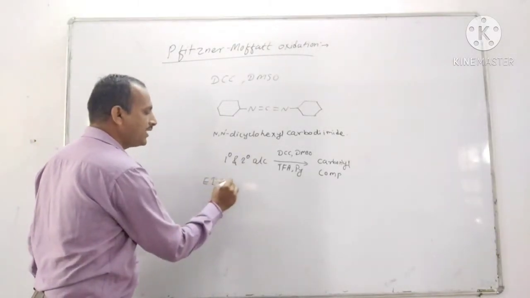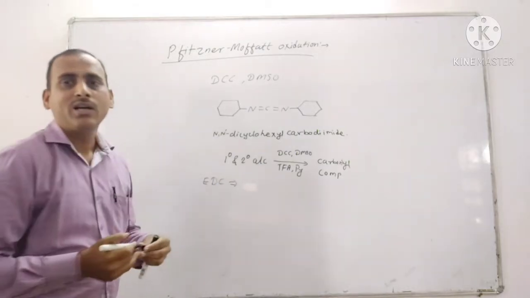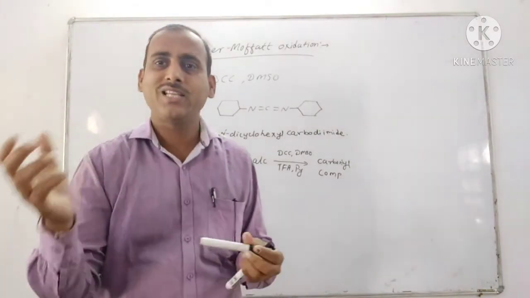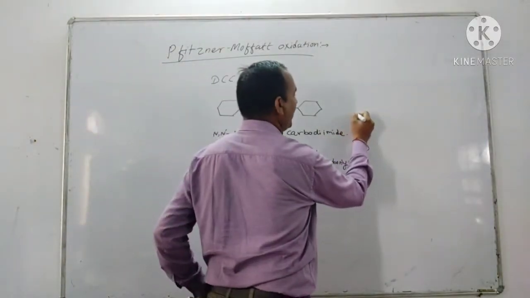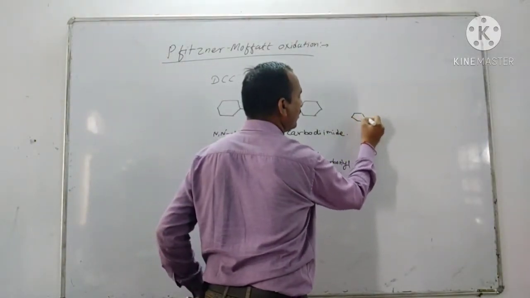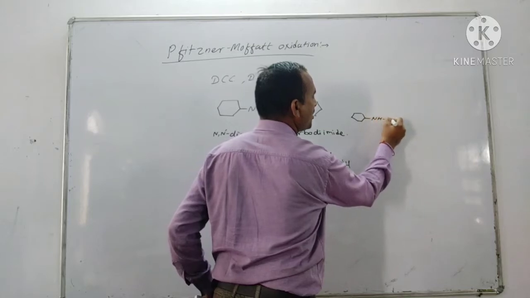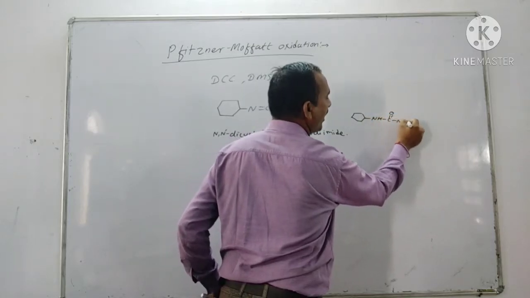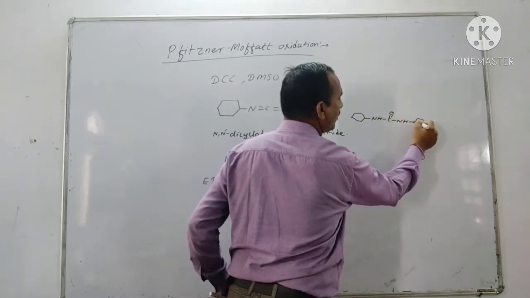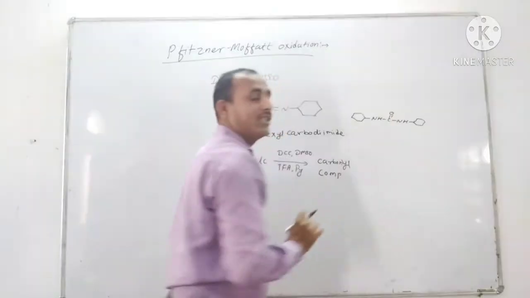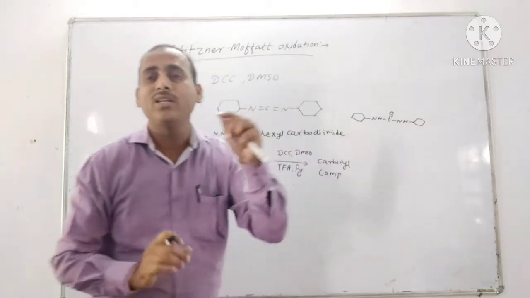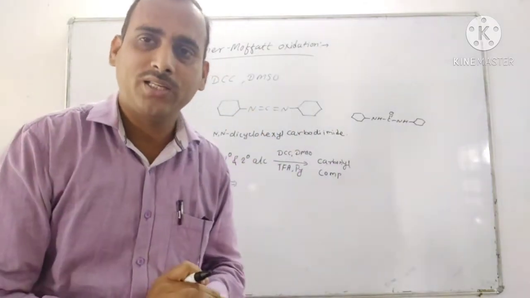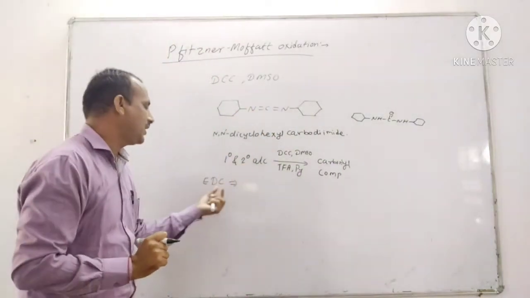Instead of DCC, because after the oxidation the side product formed is dicyclohexyl NHCONH, this dicyclohexylurea, and it is difficult to remove from the product.